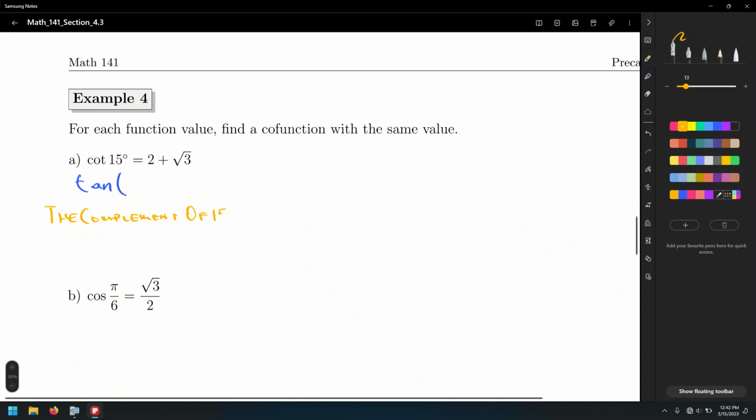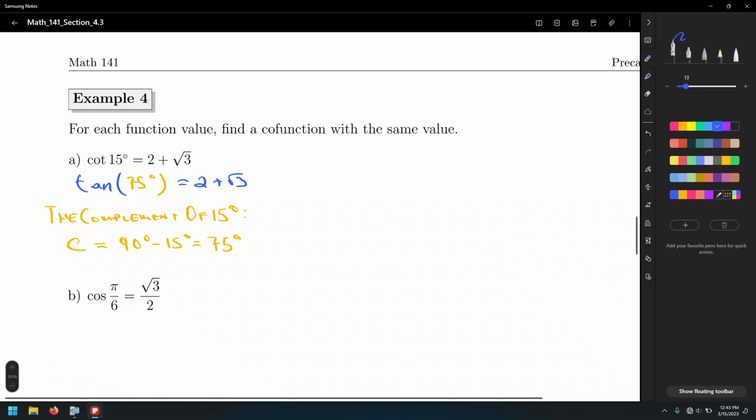The complement of 15 degrees, let me call it C, equals 90 degrees minus 15 degrees, which results in 75 degrees. So that's what we want to do: tangent of 75 degrees equals 2 plus root of 3.